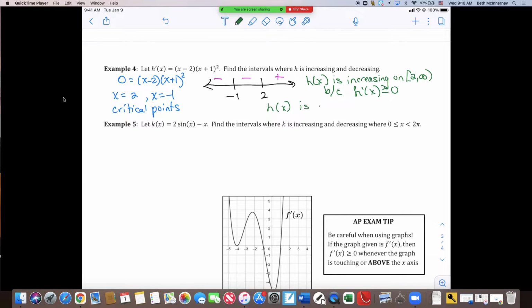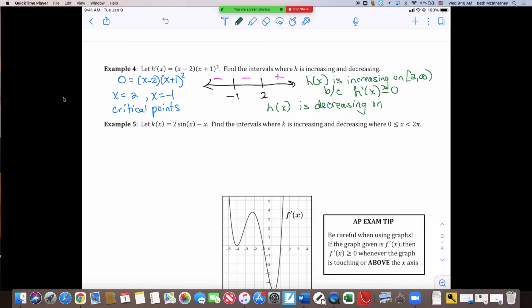h of x is decreasing. Now watch how we're going to say this. You have to really think about your functions. This is a polynomial. So if you remember what you did in pre-calculus, now it all comes together here. I don't have a break in the graph at -1. You do have to consider, do I have a vertical asymptote there? Is there a removable discontinuity?